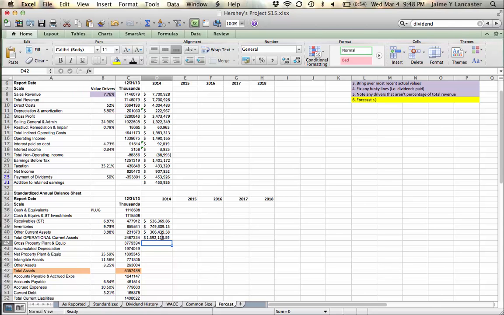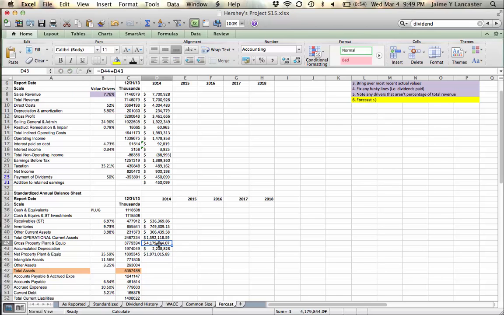Gross plant, property, and equipment. Well, we're not really sure what that's going to be, but we are going to know what accumulated depreciation is. It's going to be last year's balance plus whatever we add for depreciation and amortization this year. And then if we forecast net plant, property, and equipment as a percentage of sales or total revenue, we can work backwards because gross plant, property, and equipment is going to be our book value, right, that net value, plus whatever accumulated depreciation is.